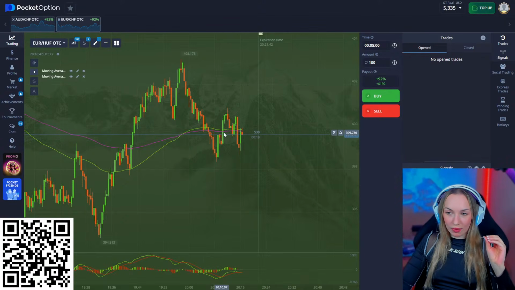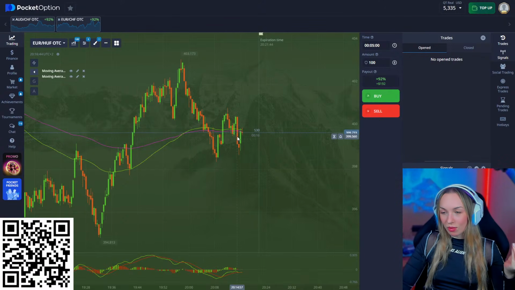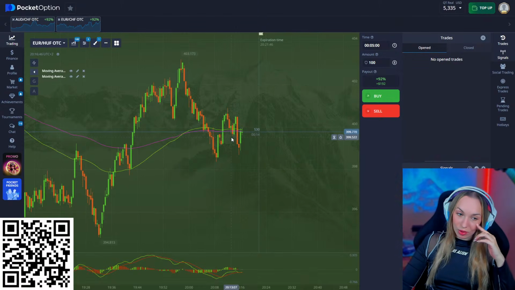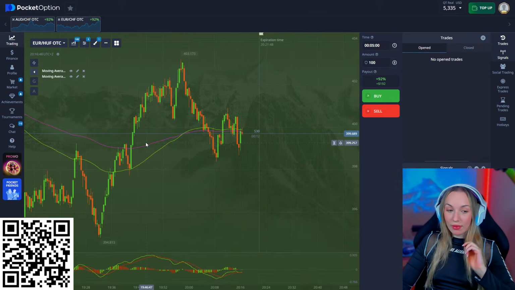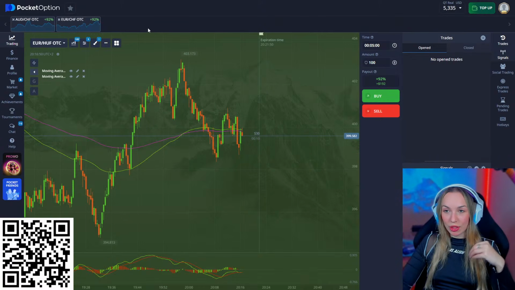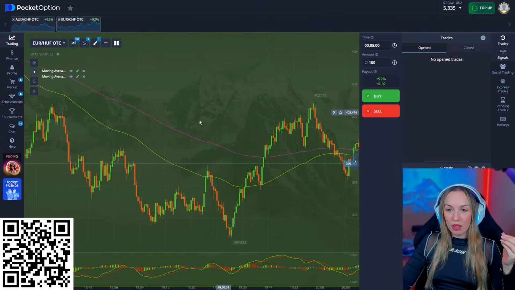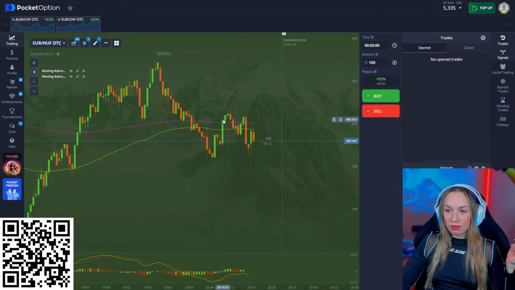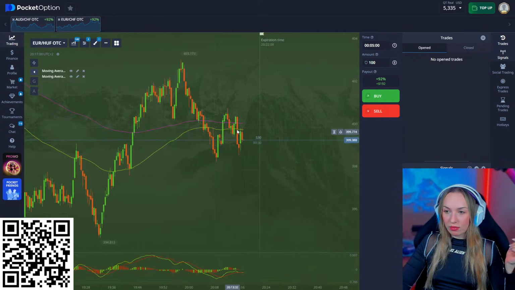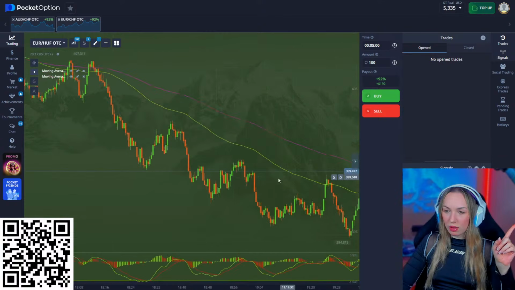Even my moving averages, I'm not frequently talking about moving averages on my stream, but they are showing me the direction of the trend. Here we can see it was a downward trend, but I saw the moving averages cross.